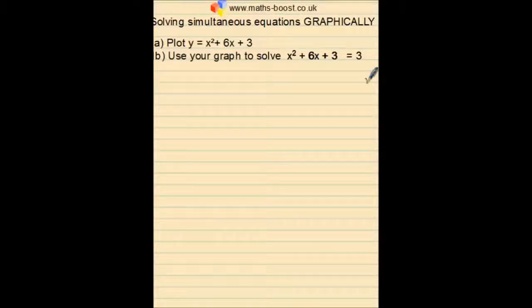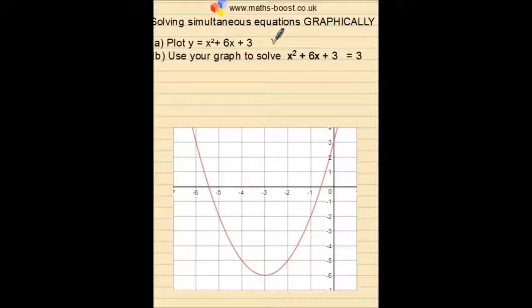So here's a typical exam question, and you know just what to do. Part A, we plot the graph. Part B may have caused you some problems before you watched this video, but we can see it as two separate graphs. One on the left, one on the right.